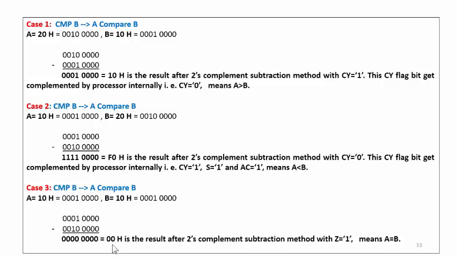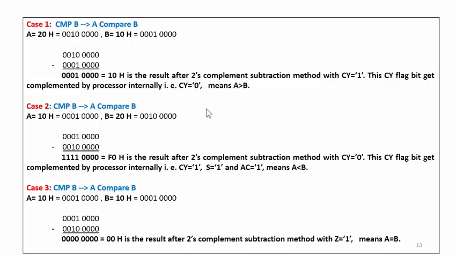And finally the third case, suppose in the accumulator and in the B register we have the same numbers, 10 hex and 10 hex. After the subtraction A minus B you will get the answer 0.